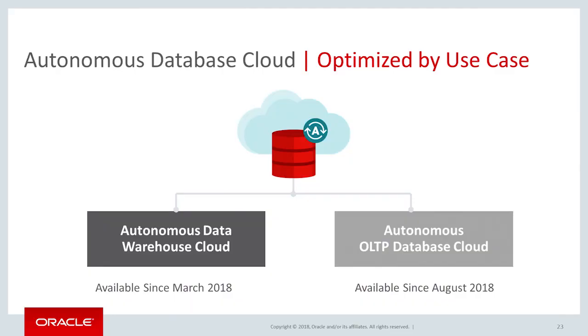With the introduction of the Oracle Autonomous Transaction Processing Database Cloud, or ATP as it's commonly referred to, we introduced that in August this year. And very similar to the Data Warehouse Cloud, customers simply establish an autonomous ATP database, connect their applications to it, and that's it.